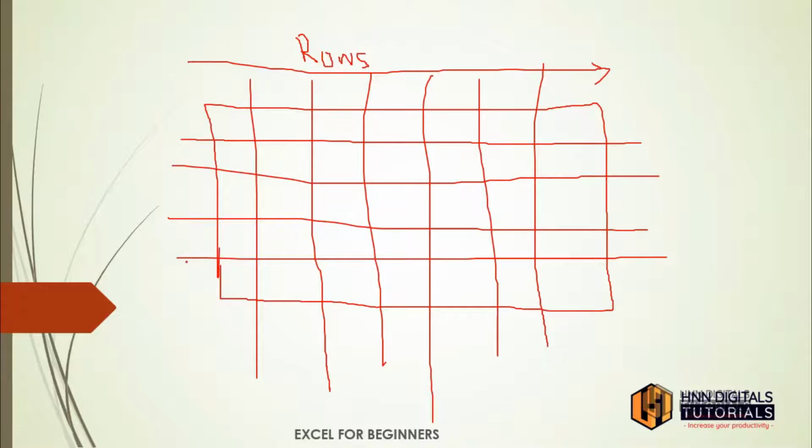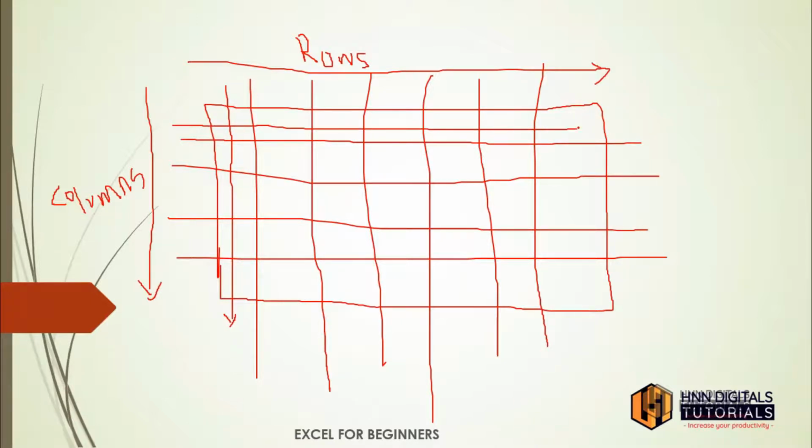Then coming down like this is what I refer to as columns. So when you have a row like this, going across, then downward, all those places are referred to as columns.